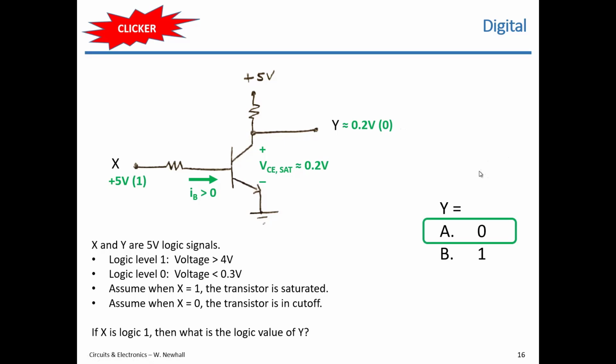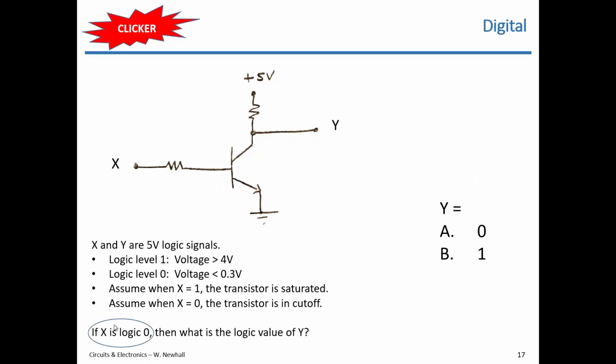Okay, let's try the same problem, but now I've changed X to be a 0. So try this. All right, so now if we set X to 0, we have 0 volts node voltage. That means we have no base current. The transistor is in cutoff.